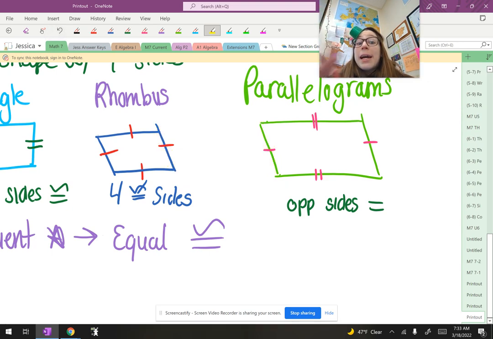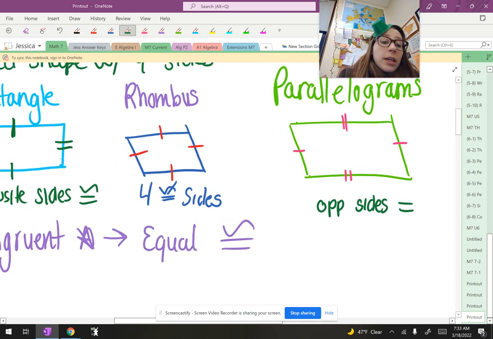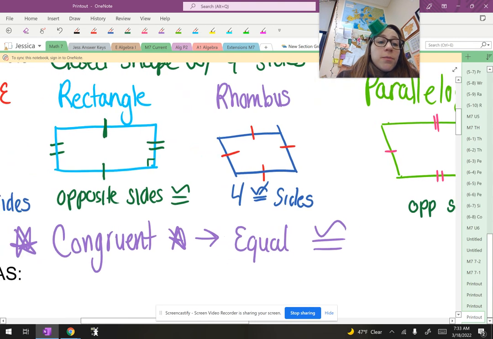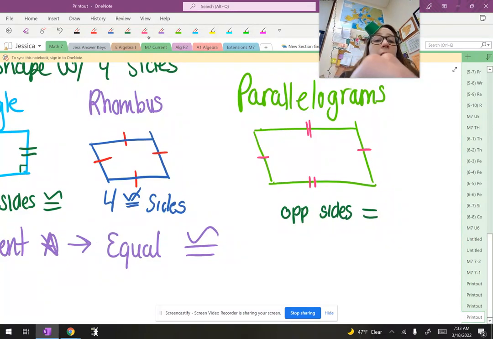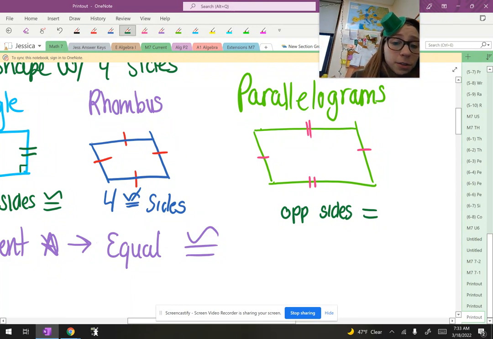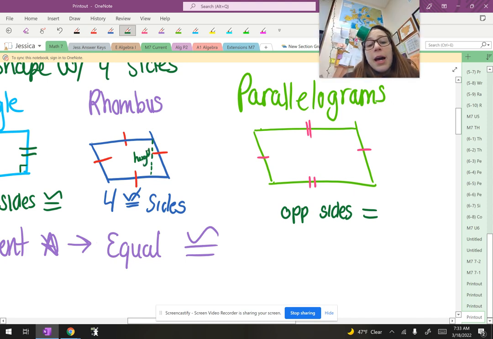They don't make those 90-degree angles like they do in the rectangle and the square. Therefore, this part coming down is your height, straight up and down, making that 90-degree angle right there. And same thing in your parallelogram over here.